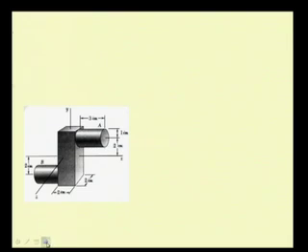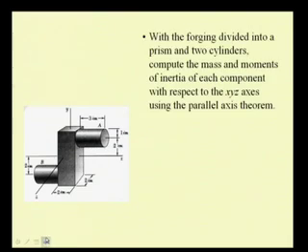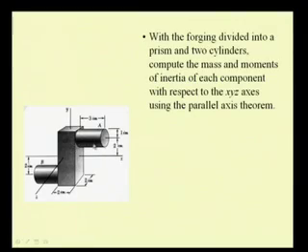So, what will be our strategy? We will divide this shape into components for which the second moment of the mass is known. Here we see that this component is made of two cylinders and one prism.